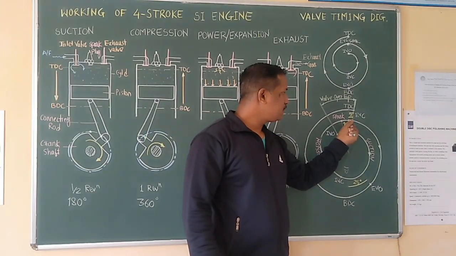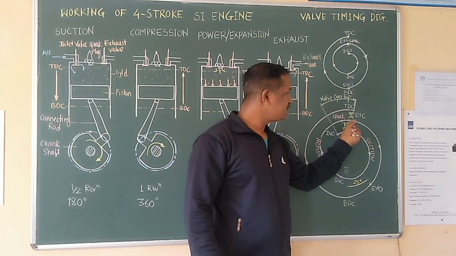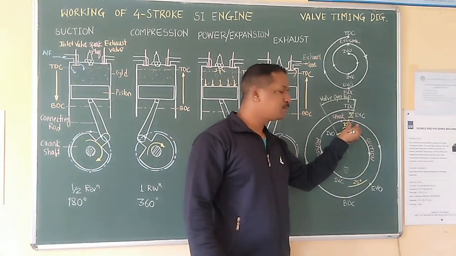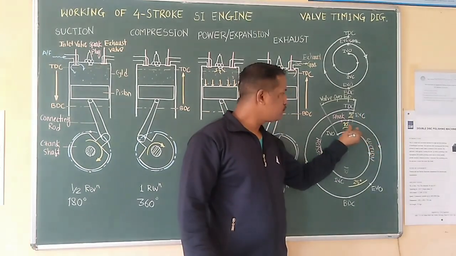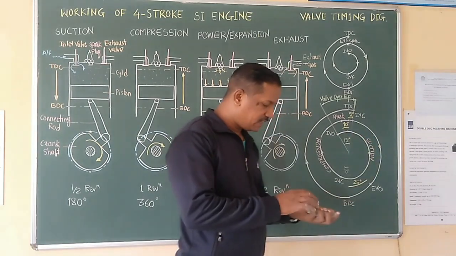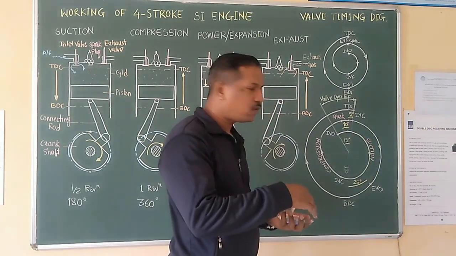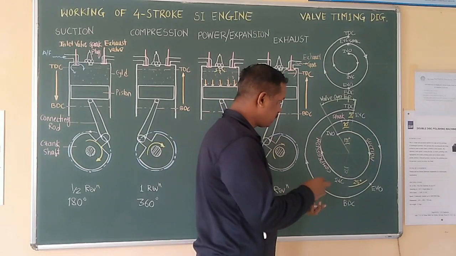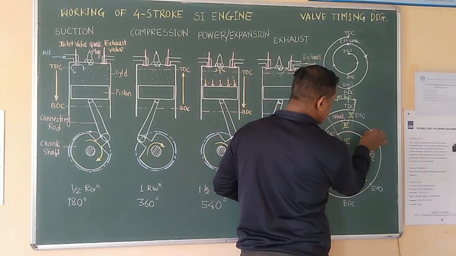The burning gases push the piston down, so we actually observe power, and that is called the power stroke or expansion stroke. It is the expansion stroke because the gases are expanded.